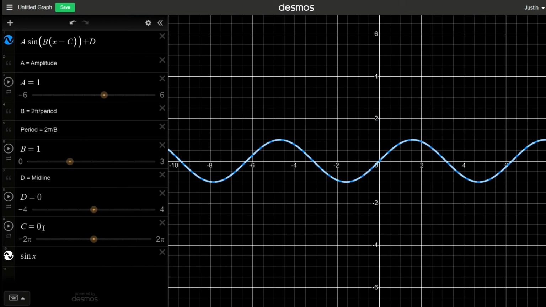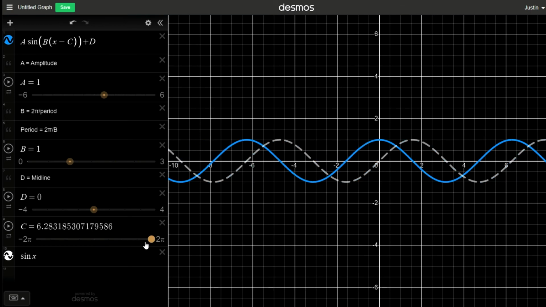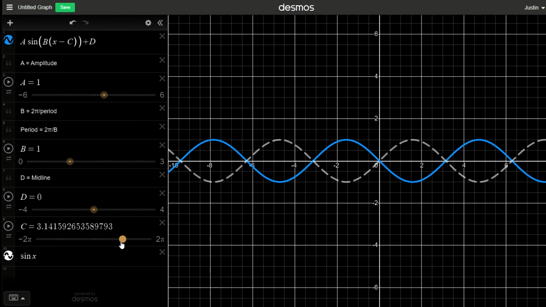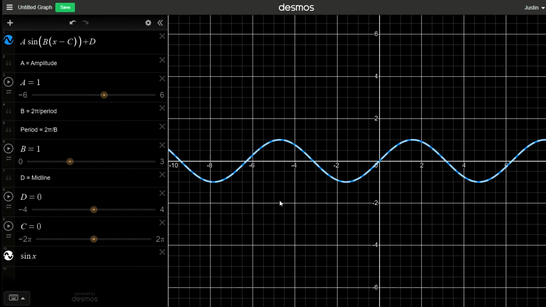And finally, we have the c. C we will talk about in the future, but just as a little sneak peek, I'll show you guys what happens when I change c. If I make c bigger, what's happening? If I make it smaller, what's happening? You can see that c moves the curve horizontally.